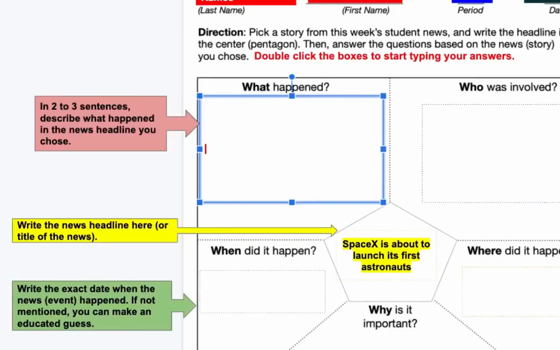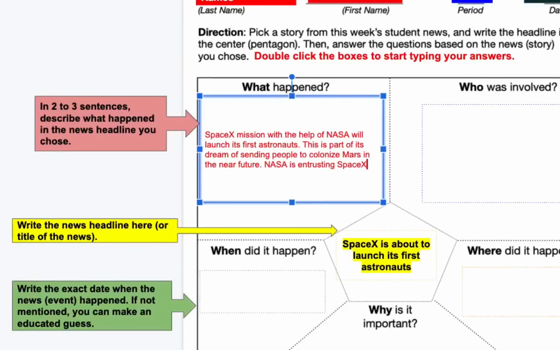Now let's go to the next task. It says in 2 to 3 sentences, describe what happened in the news headline you chose. So here's how I answer the question, what happened? SpaceX mission with the help of NASA will launch its first astronauts. This is part of its dream of sending people to colonize Mars in the near future.